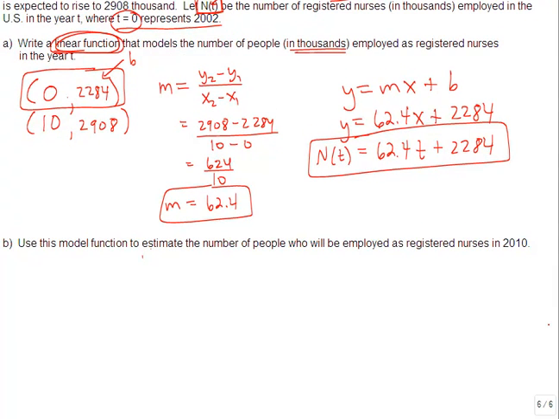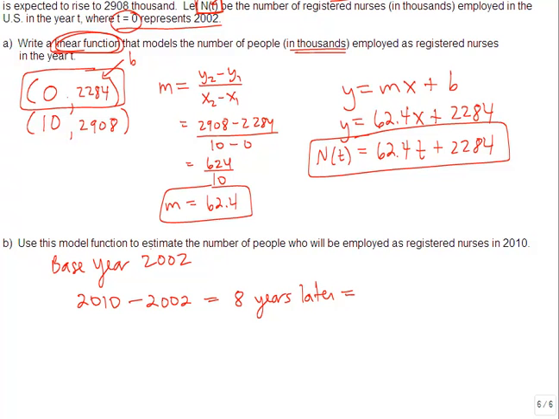Okay, the last part of the question. Use this model to estimate the number of people who will be employed as registered nurses in 2010. So this is important that you remember we have that base year again. So the base year was 2002, so 2010 minus that base year means we're talking about 8 years later.